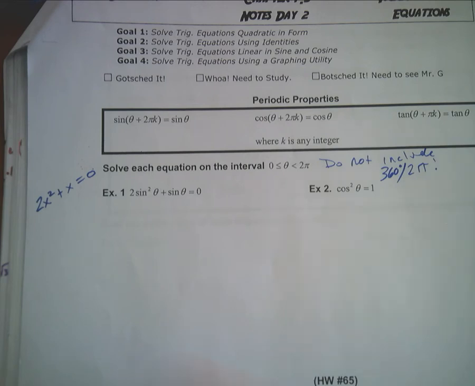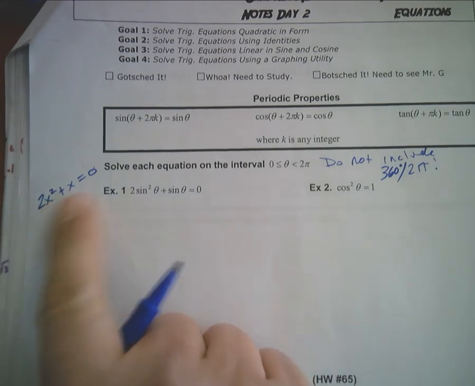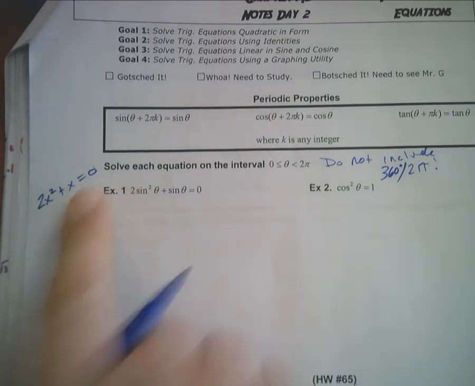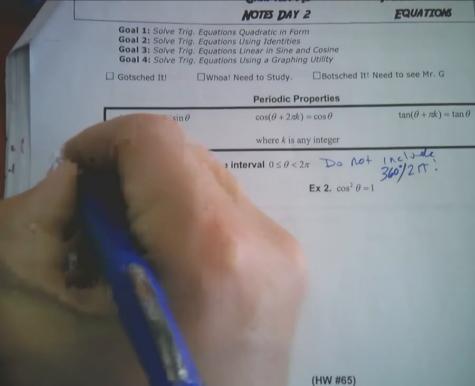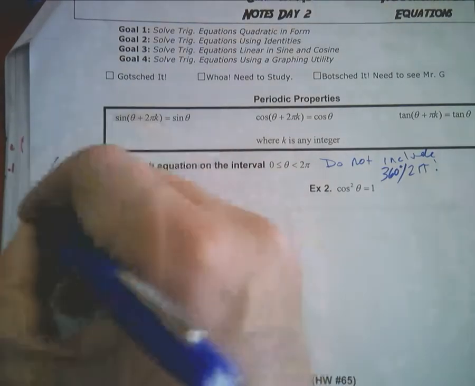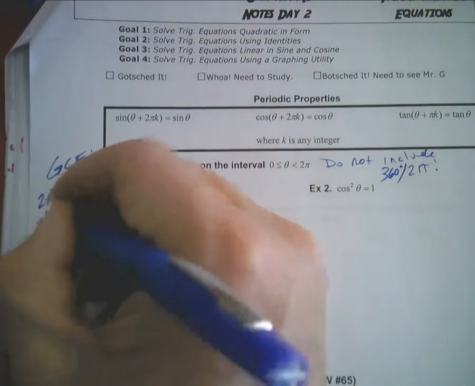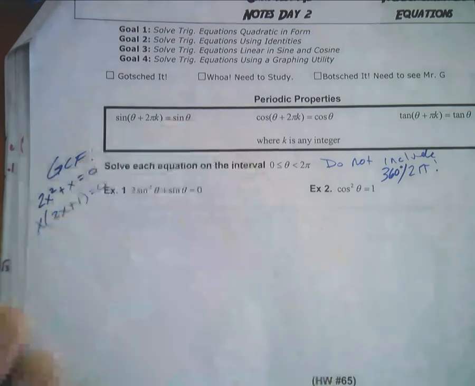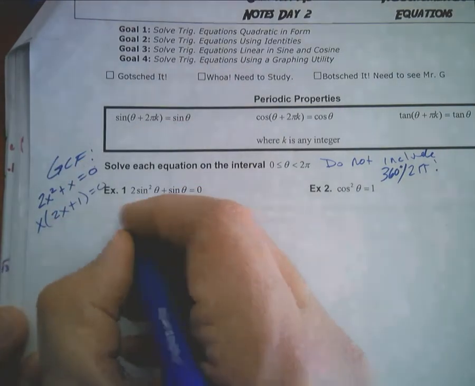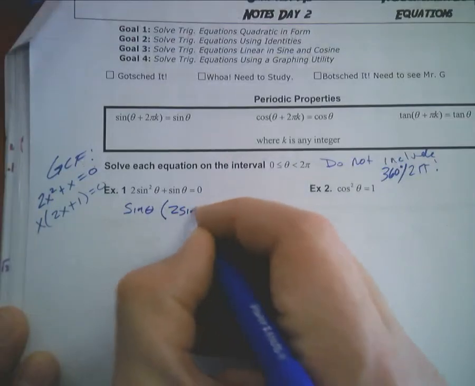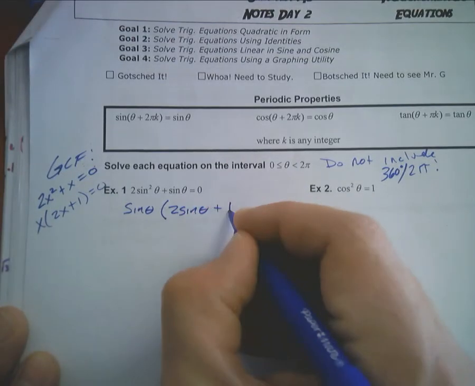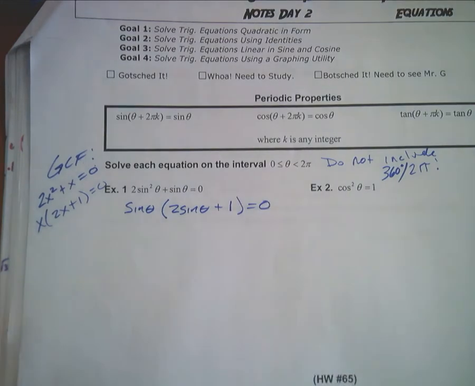I've got my stuff equal to 0. Factor out a GCF, right? So we would take out an x, and that leaves me with 2x plus 1 equals 0. Well, exact same idea, take out a sine. And then we would get sine of theta times 2 sine of theta plus 1 equals 0.